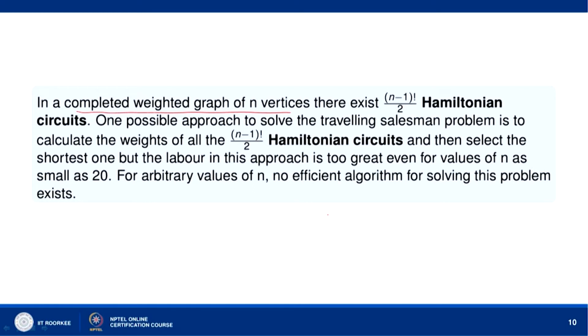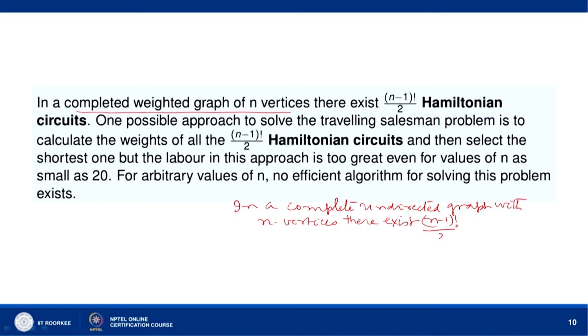So if we consider a complete undirected graph with n vertices, there exist (n minus 1) factorial by 2 different Hamiltonian cycles.